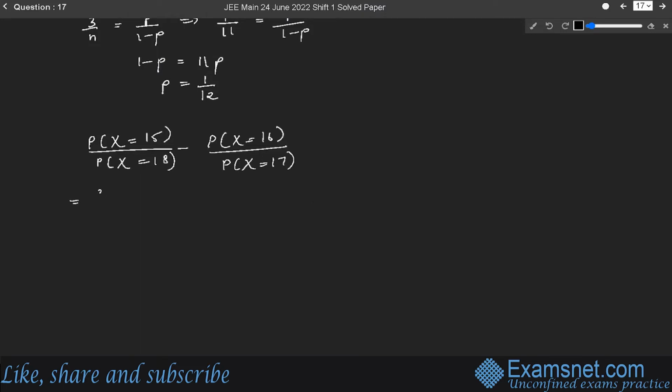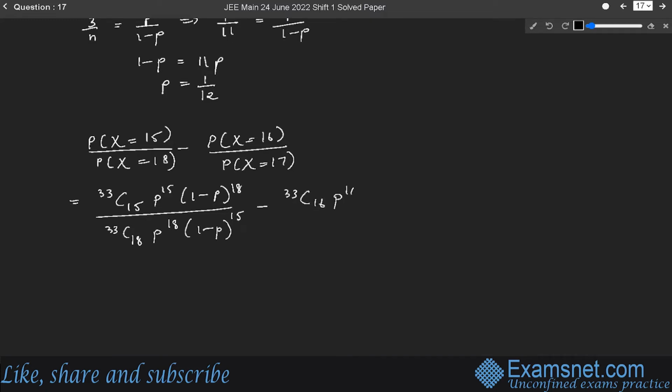So it will be equal to 33C15 p^15 into (1 minus p)^18 divided by 33C18 p^18 into (1 minus p)^15, minus 33C16 p^16 into (1 minus p)^17 divided by 33C17 p^17 into (1 minus p)^16.